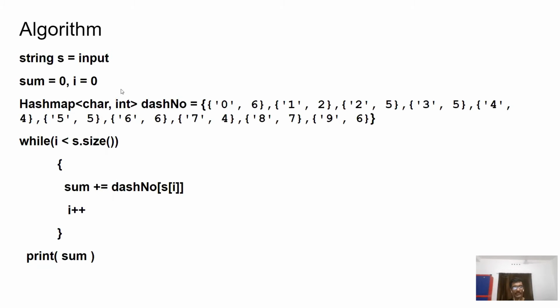And then I have declared a hash map with a character as the key and an integer as a value, and I have named it dash number. And then to this hash map, we are assigning the characters ranging from 0 to 9 as keys and their corresponding dash numbers as values.